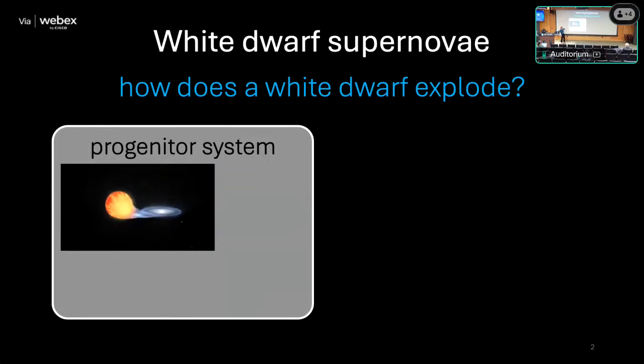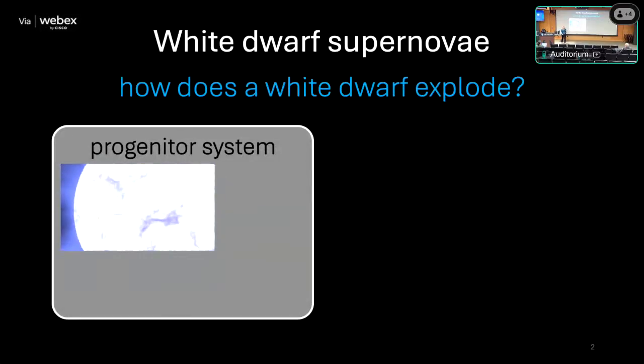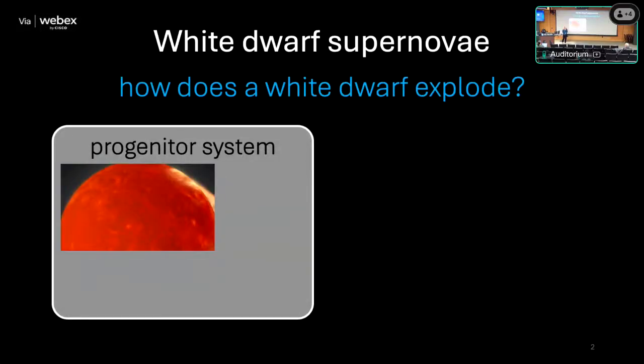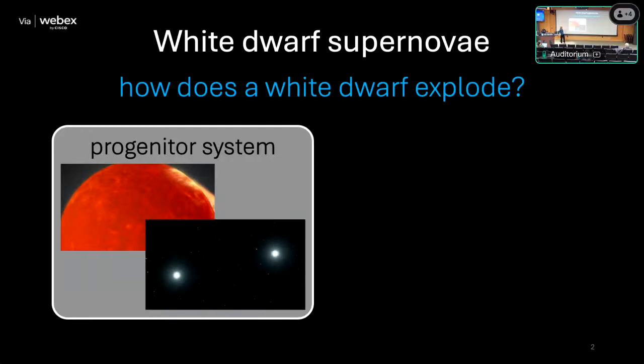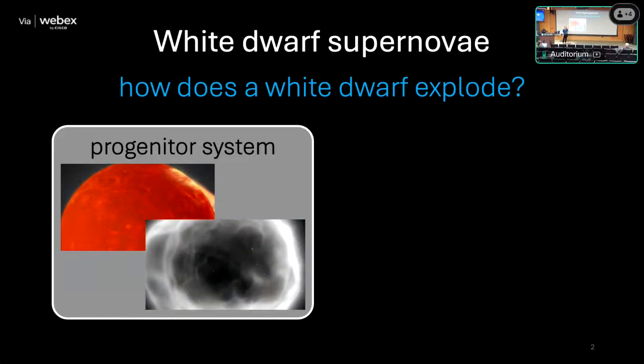This is the single degenerate scenario, an animation where a white dwarf accretes material off of some normal non-degenerate companion star. But we know that this cannot explain most of what we see. Another really promising avenue is to have two white dwarfs that are merging. They can either physically merge or just get close enough to tidally disrupt each other, and one or both of them can explode.